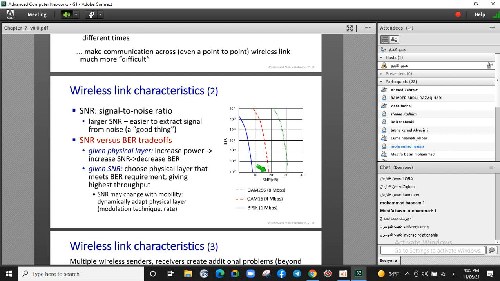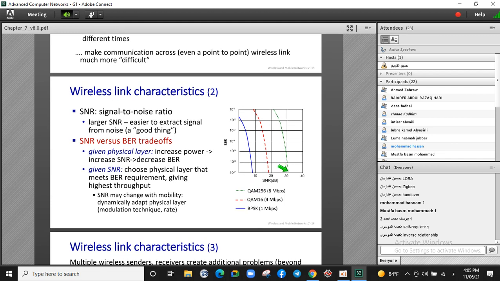The green line stands for QAM 256, but when the bit error rate increases, my wireless network switches to QAM 16.